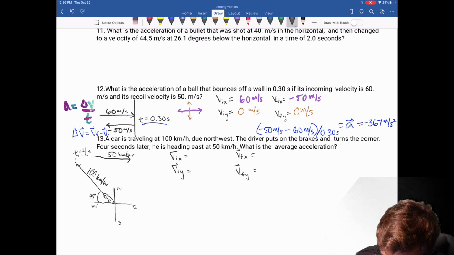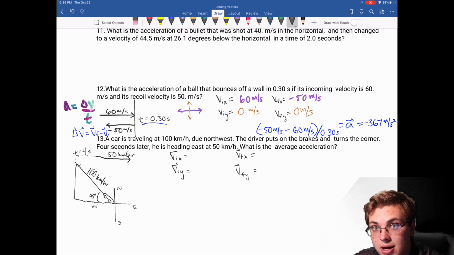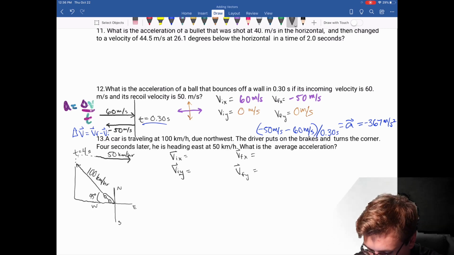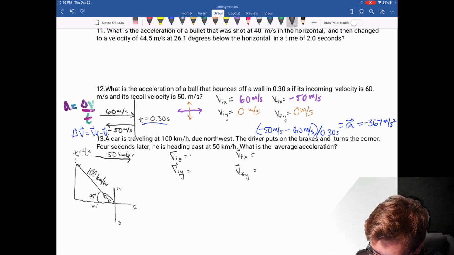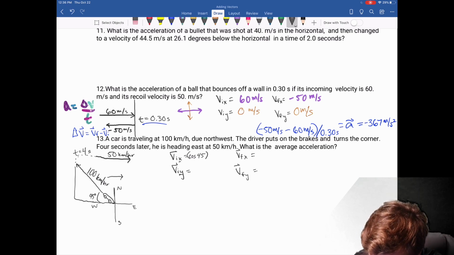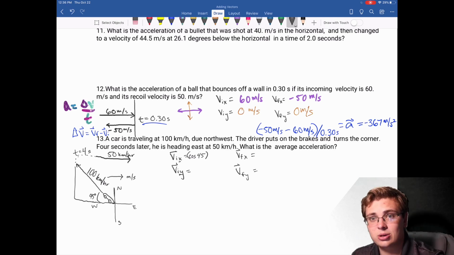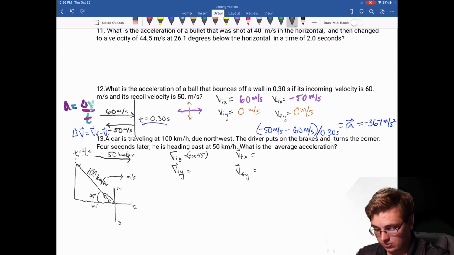So we can see that if we take our sine, we'll get our y. If we use cosine, we'll get our x. So cosine of 45 times, by the way, I'm going to change this right now to meters per second. It's going to make it a little bit easier numbers that we can refer to.